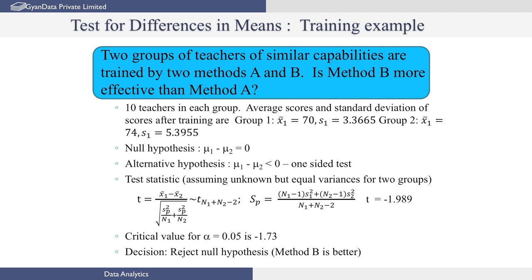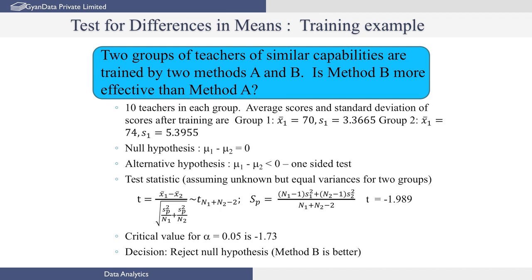So, now we can show that this particular statistic we have computed is a t statistic, because sigma is also estimated from the data. So, we can now compare this with the t distribution. The number of degrees of freedom of the t distribution happens to be n1 plus n2 minus 2.